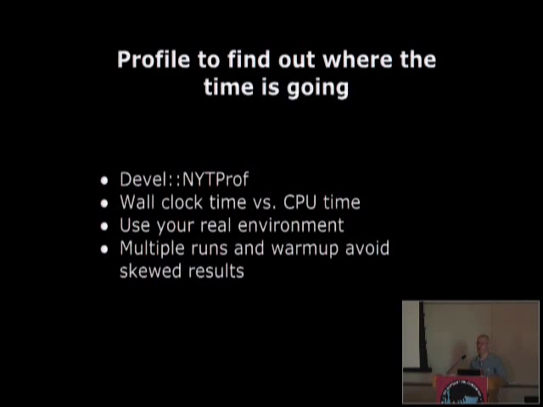And I wish that I could tell you a simple recipe for how to do that. Unfortunately, it's really dependent on your system. There's lots of docs out there that say, just use Devel::NYTProf with Apache, or use the Plack middleware, and everything will be fine.